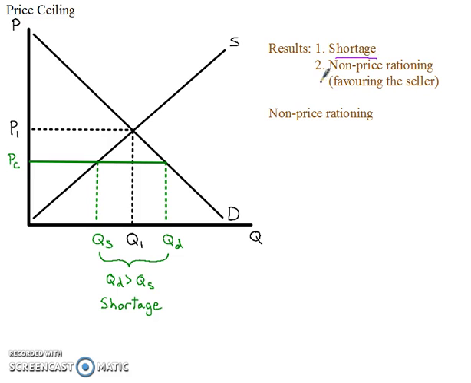And now we're going to have some non-price rationing. Normally, the way we decide who gets the limited amount of this good is whoever is willing to pay the highest price. But now that's no longer the case. Consumers can't bid up the price to get the limited amount of the good, so price can no longer be the rationing agent.